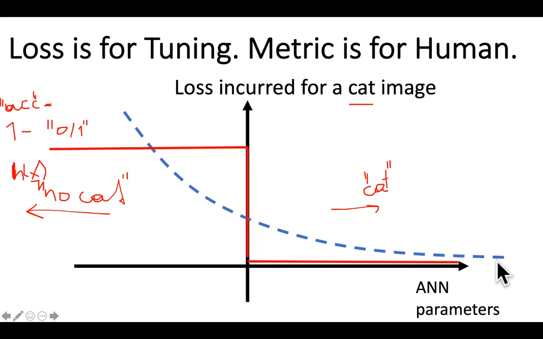So why do you think we need to torture ourselves with other loss functions? Why is this 0-1 loss not the ultimate loss function? It makes perfect sense. If we predict the image correctly, loss is 0. If we predict the image wrong, loss is 1.